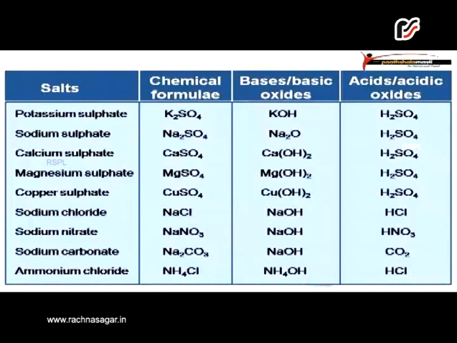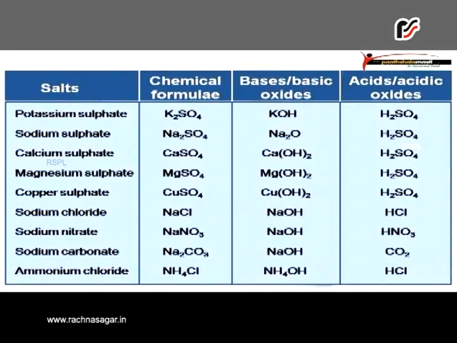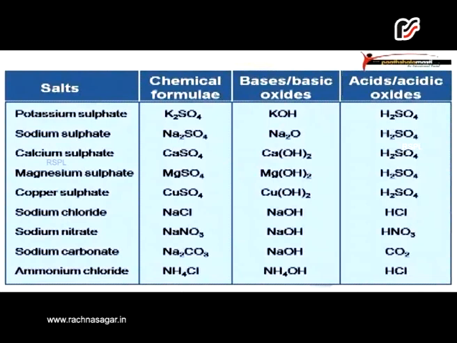Magnesium sulfate, MgSO4, is formed by the reaction of magnesium hydroxide, Mg(OH)2, and H2SO4. Copper sulfate is formed by the reaction of copper hydroxide and sulfuric acid. Sodium chloride is formed by the reaction of sodium hydroxide and hydrochloric acid.